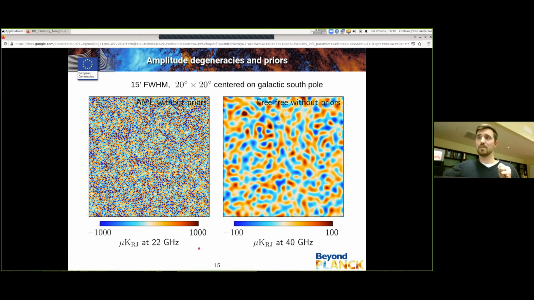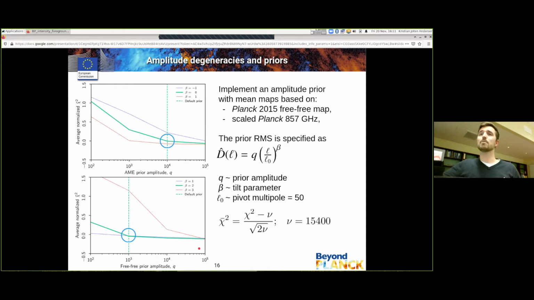Now, this is not ideal, and in order to limit this, we implement amplitude priors for the two components, the free-free and the AME.